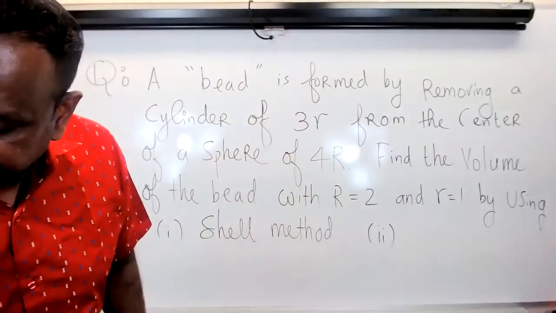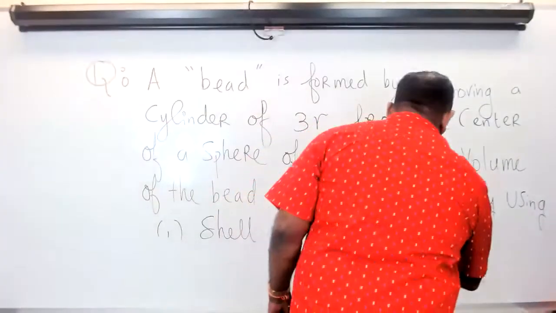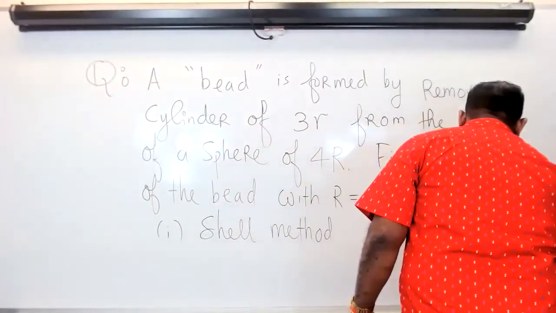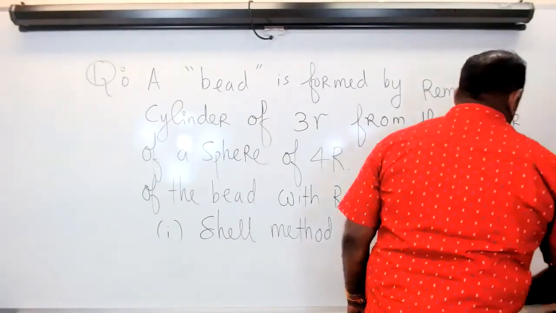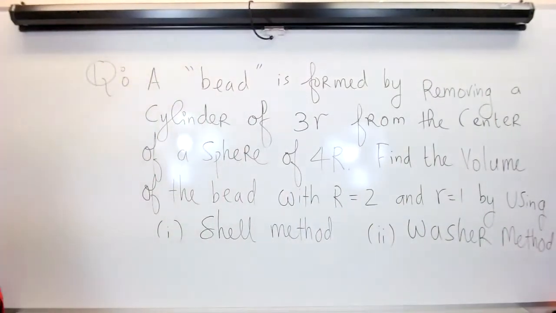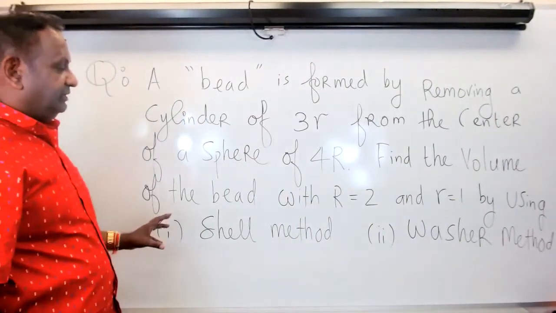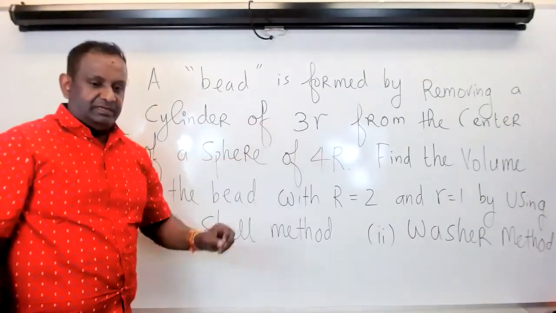You have to get this done using two methods: shell method and washer method. So you have to get the answer by utilizing this technique as well as the other technique.